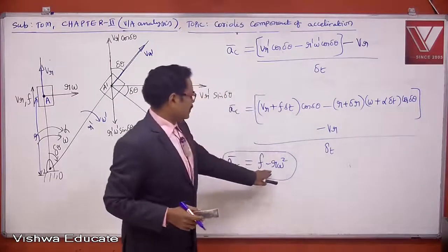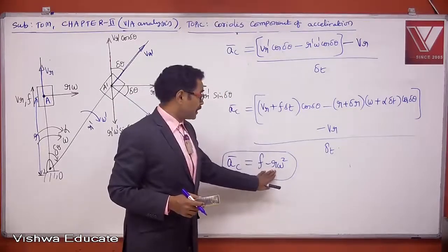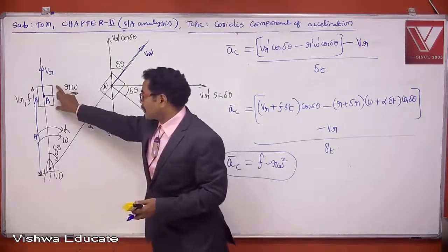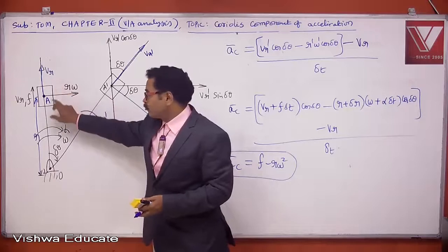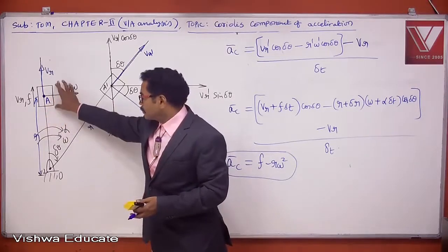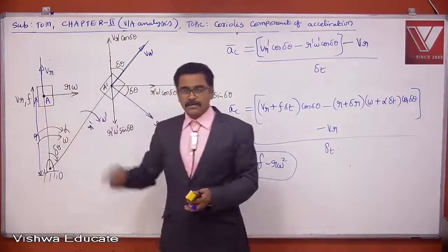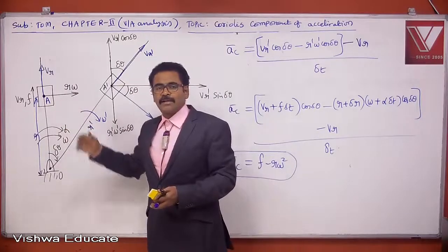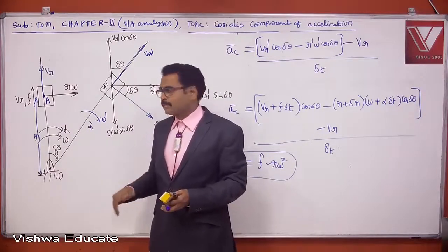You can easily understand this formula. Even without derivation you can directly write it. Suppose the slider is fixed to link. It is not sliding. How much centripetal acceleration will act on the slider? R omega square. What is the direction?